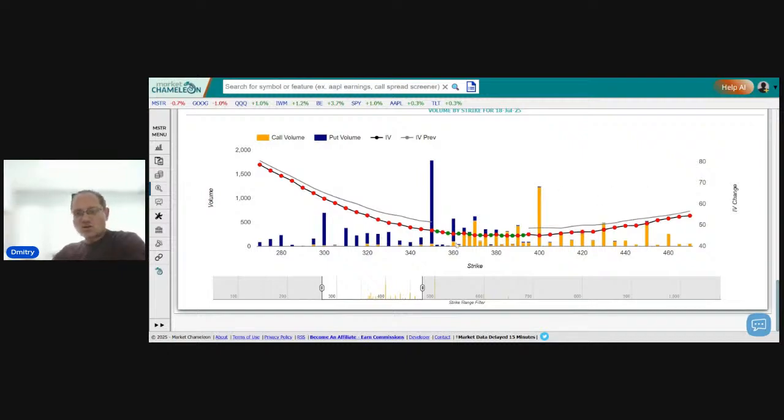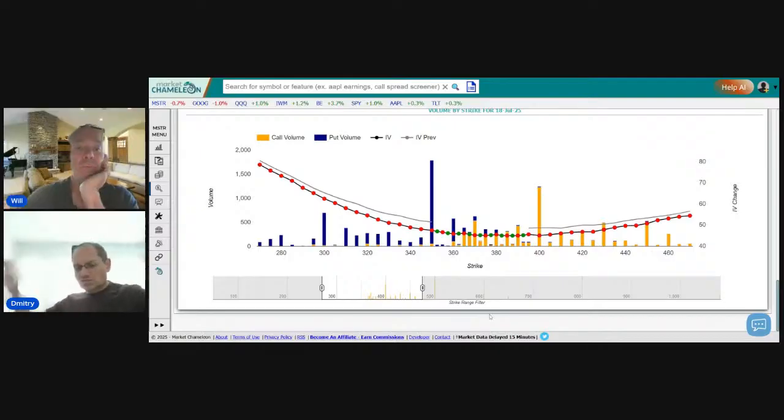On top of that we have all the single leg option trades. This removes any multi-leg trades, because with multi-leg trades you're hedging one option against the other option. But if we look at just the single leg trades, we see the volume: a lot of puts traded in the 350 strike, a lot of calls traded in the 400 strike.